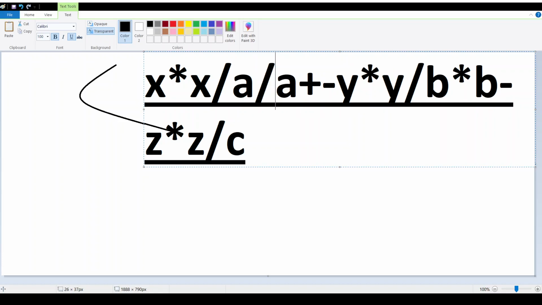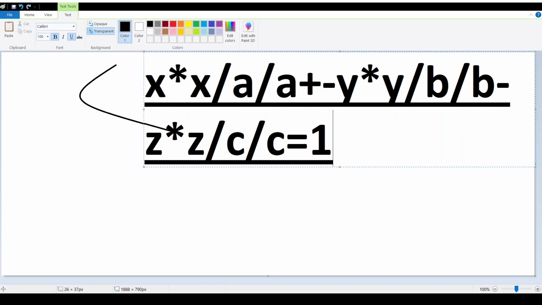Oh, and for this it would be technically these because we're dividing by them all. That is for a 2D.